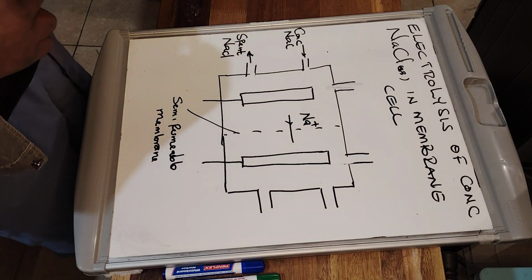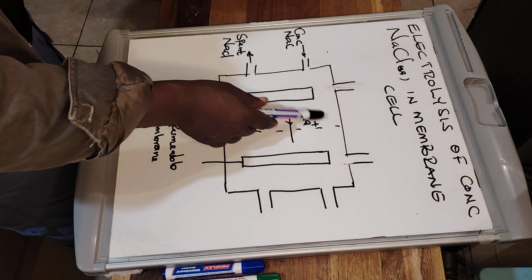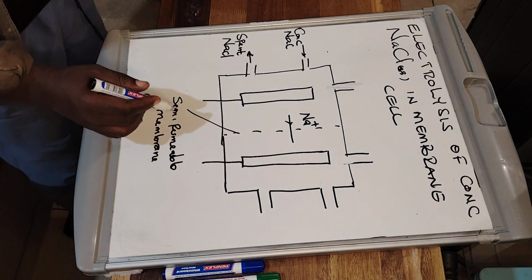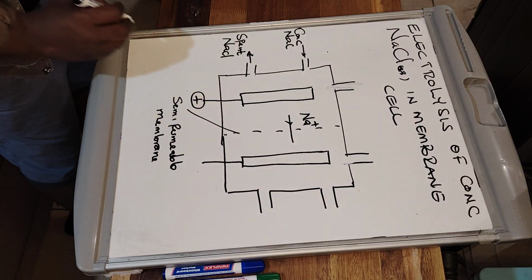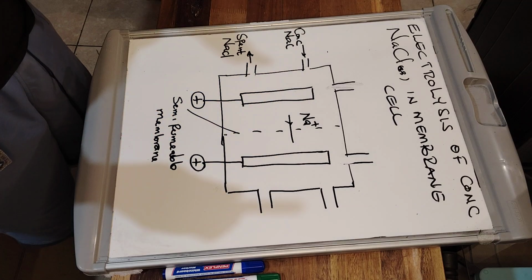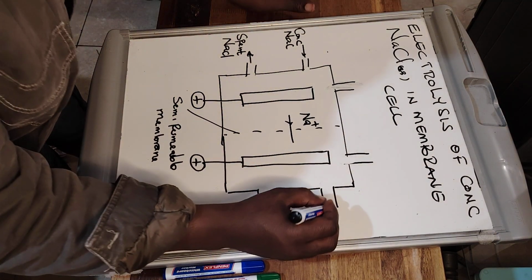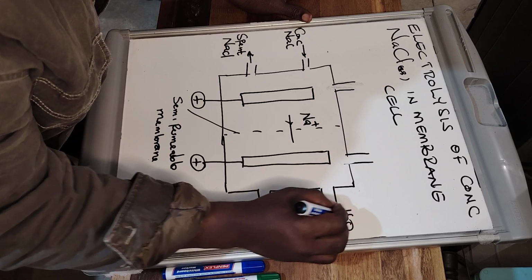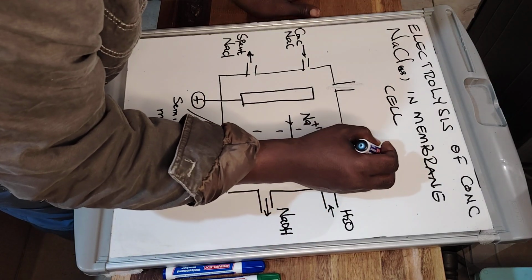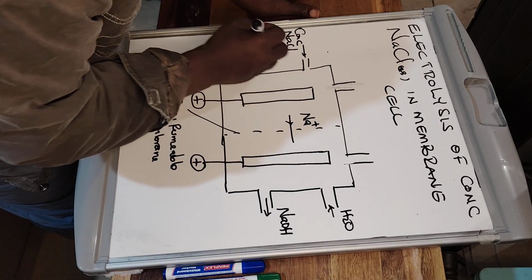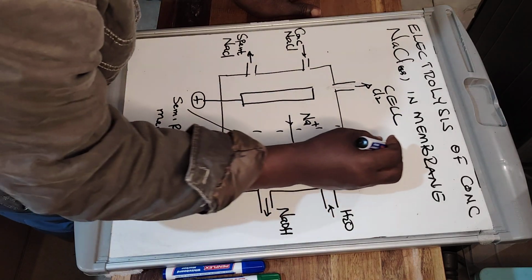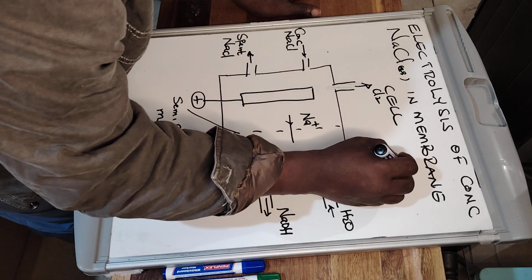When we used to teach this, we would tell learners that this can even tell you the polarity of the electrodes. Because if the ions are positive and they are moving to the other side, it means that the side they are leaving is positive, and where they are going is negative, using the mechanism of conduction where positive moves to negative and negative moves to positive. On this side, what enters is water, and what goes out is sodium hydroxide. What comes out of this one is chlorine, and what comes out of the other is hydrogen.